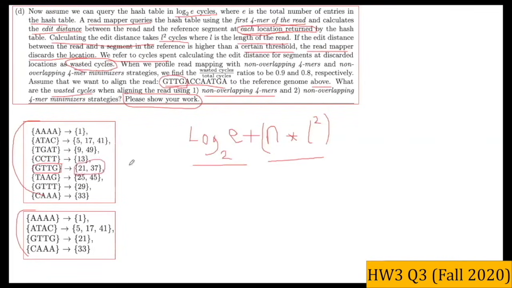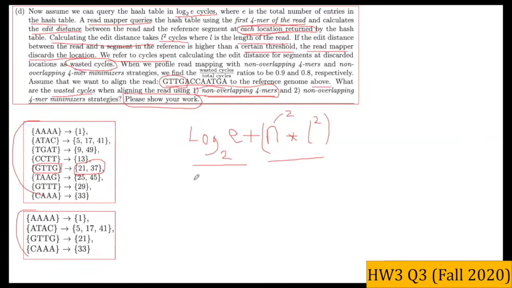So using the first hash table, or the first method to extract k-mers, which is non-overlapping k-mers, leads to n being 2, and E here is the number of entries in the hash table, which is 1, 2, 3, 4, 5, 6, 7, 8.